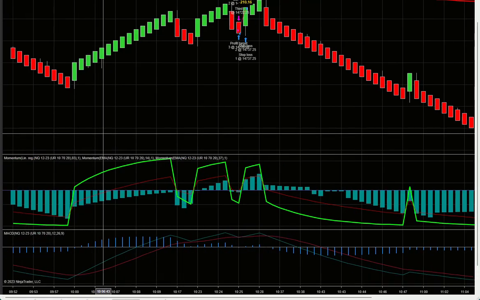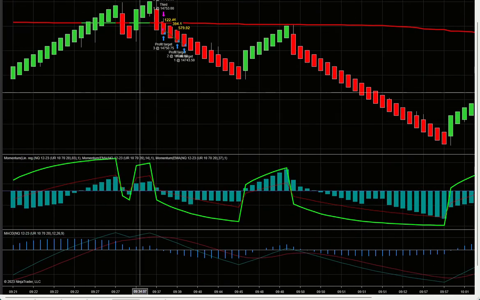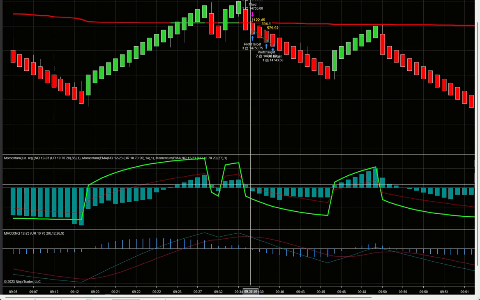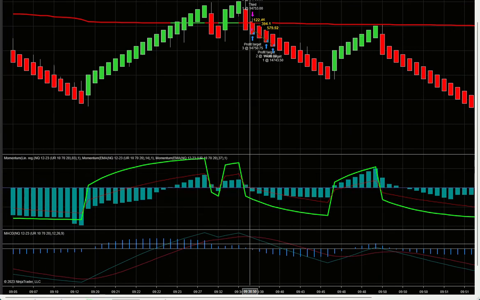A little bit larger, you can see the first entry right there. All right, confirmed. All the lines are confirmed.